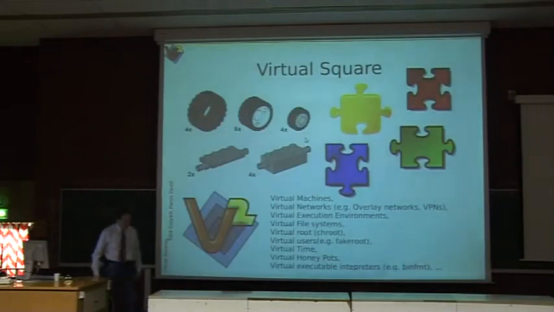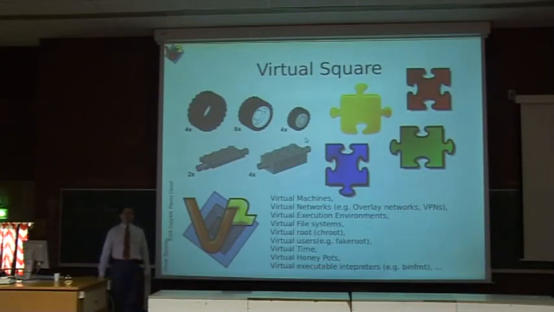Okay, what are the goals of the Virtual Square group? There are several kinds of virtualities in our software: virtual machines, virtual networks. These are like tiles of a puzzle or Lego blocks, and we want to combine all these ideas together.